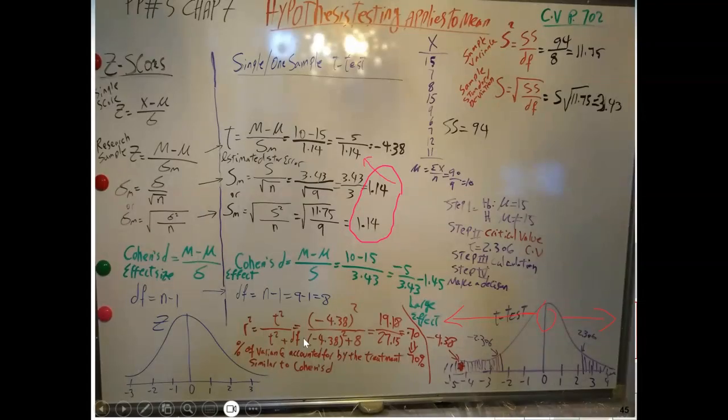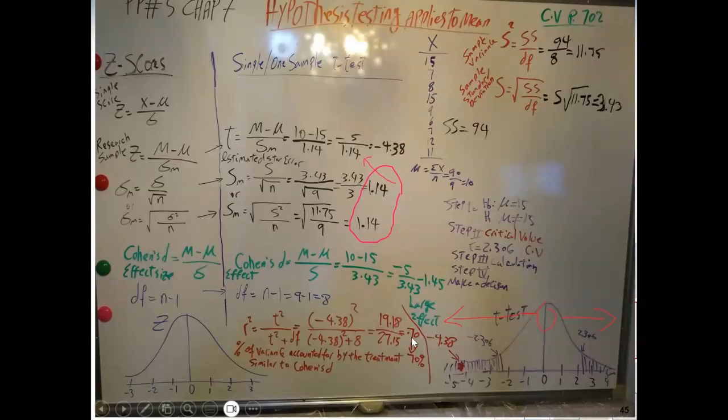R squared. Once we calculate the t, which is negative 4.38, you square it and put it on top, and you put it on the bottom, plus df, which is 8. You square that, which would be 19.18. On top, that would be 19.18, and on the bottom 19.18 plus 8 is 27.18.